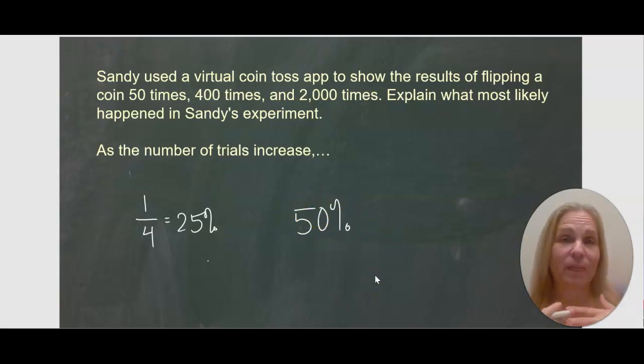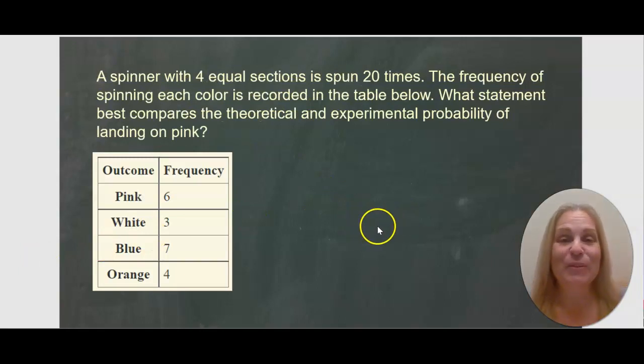So the experimental probability will become closer and closer to the theoretical probability with more coin flips. Good? All right.